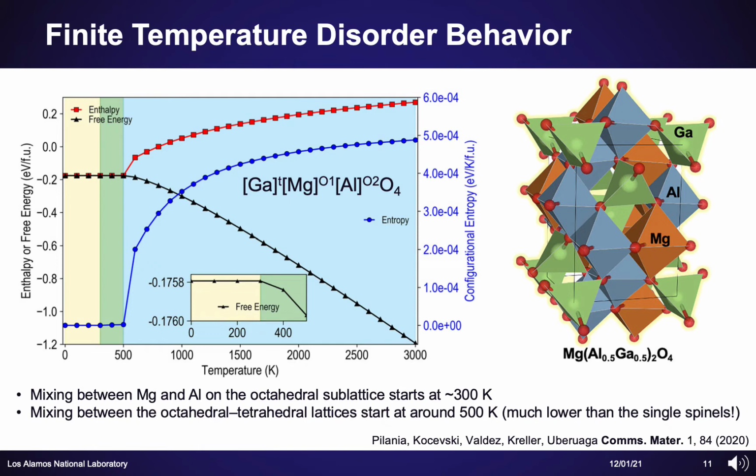It is interesting to note that the double spinel exhibits a tetrahedral octahedral mixing temperature which is significantly lower than that reported for closely related single inverse spinels, magnesium gallate and magnesium indate. This lowering of the critical mixing temperature can be traced back to the availability of unique cation mixing options such as gallium on the tetrahedral site and aluminum on the octahedral sites that are not available in the single spinels.